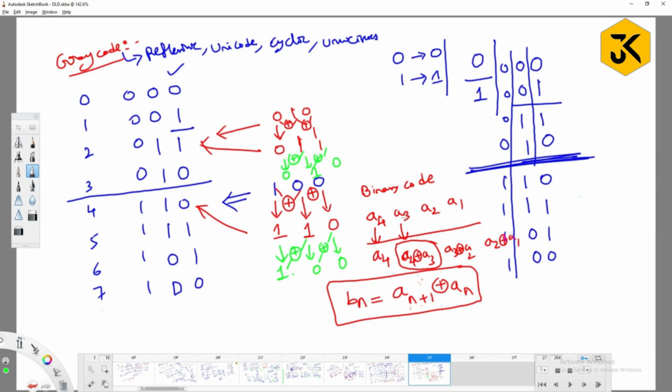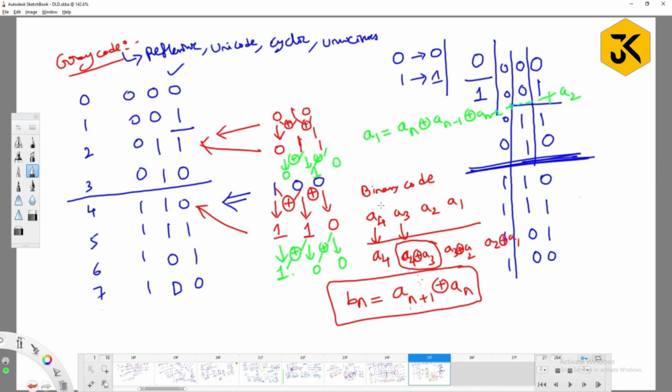Right? Indirectly I am trying to say that if I would like to find out the A1, what am I trying to do? I am simply performing the XOR operation of all the bits, An, An minus 1, An minus 2 and so on down to A2.